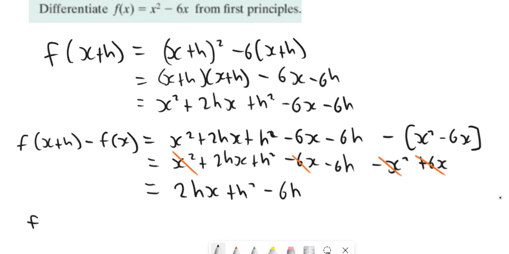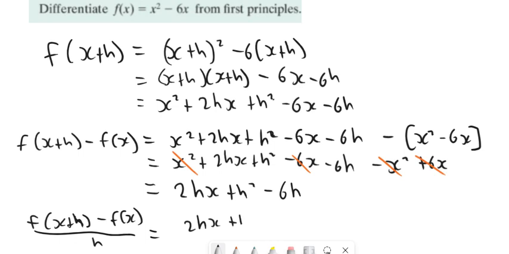Right, next bit then, f of x plus h minus f of x all over h will be all of that, so 2hx plus h squared minus 6h all over h.